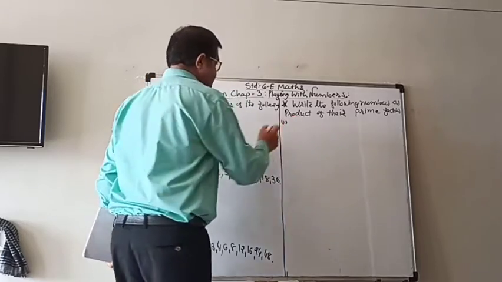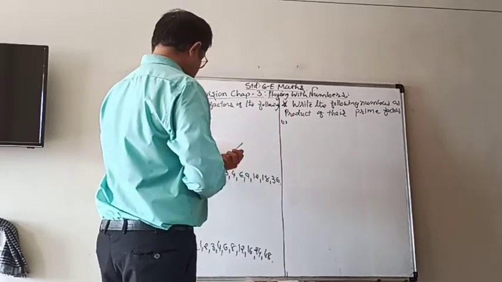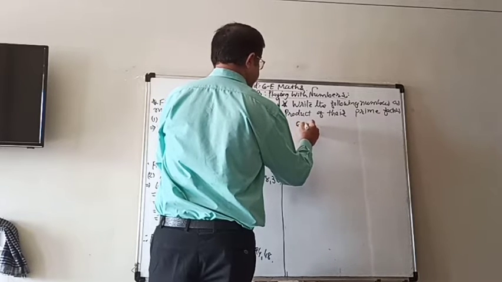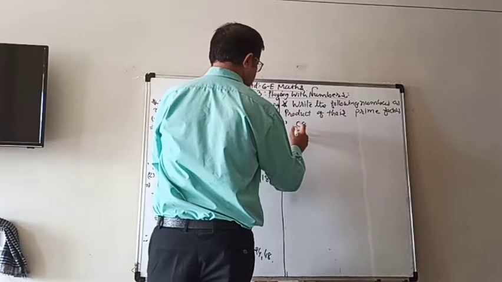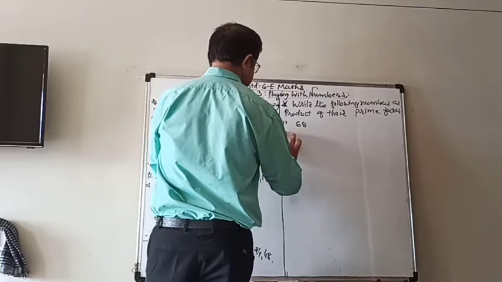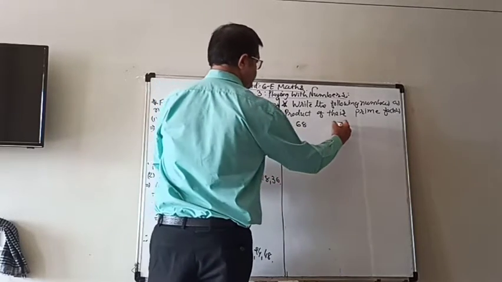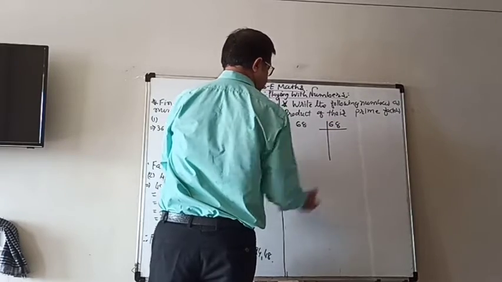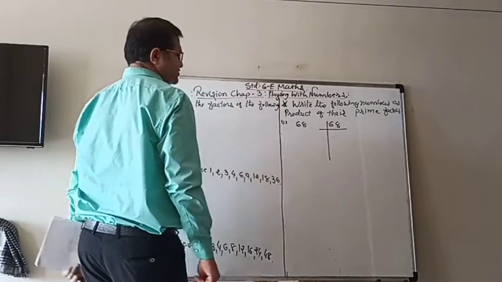Let's take some examples. First one is, take 68. So now for 68, what do we do? We have to do like that. Find all the factors by the prime factorization.